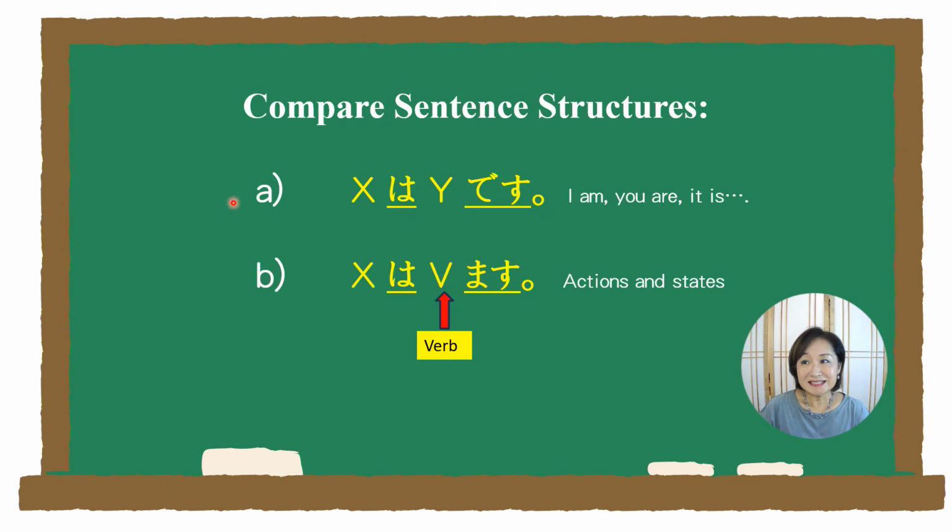I'm a student doesn't contain any action verb, so masenka cannot be used. However, when a sentence ends with masu, you can use it to make an invitation. For instance, if you want to invite your friend to eat with you, you can say, 食べませんか? Shall we eat?